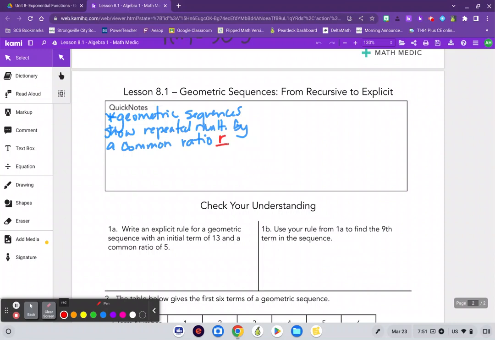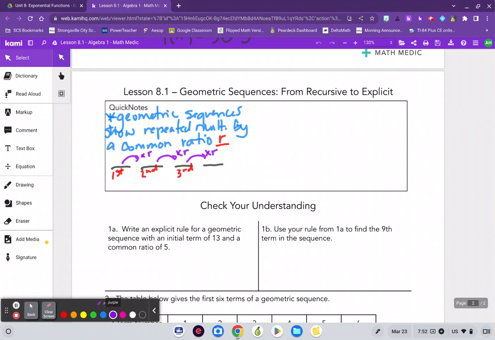And so remember what we're doing is we're saying, hey, I have some number, if I'm creating my list here, right? If I have my first term and my second term and my third term, right? And then I would be multiplying by some number. So multiply by r in order to create this list, okay?